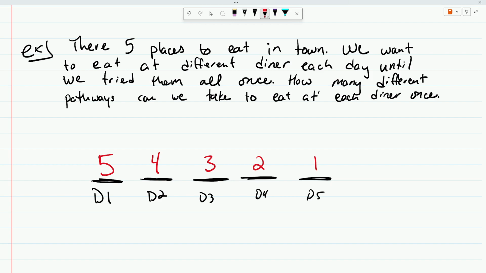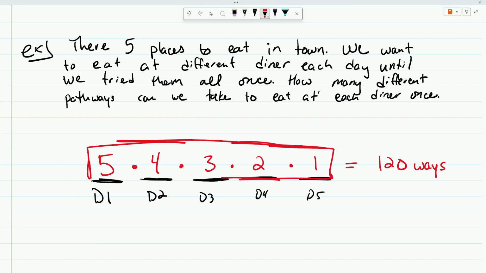Now, on day 3, we have 3 options left, and then 2 options, and finally, the last restaurant. So whenever you are multiplying a number in descending order like this, where we have 5 times 4 times 3 times 2 times 1, which is 120 ways, by the way, we call this a factorial. And factorials have a very special symbol. That symbol looks like this. It is the number with the exclamation point to the right of it.